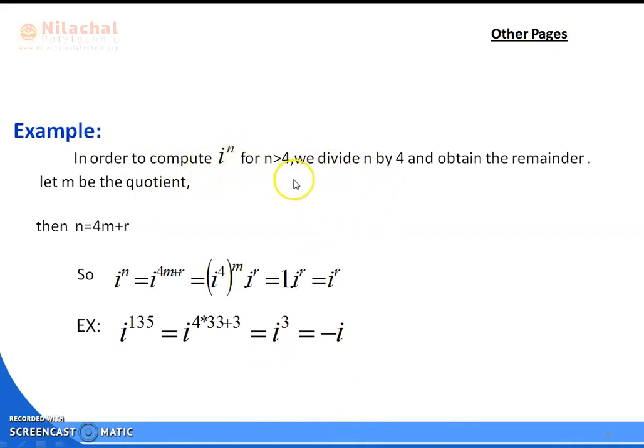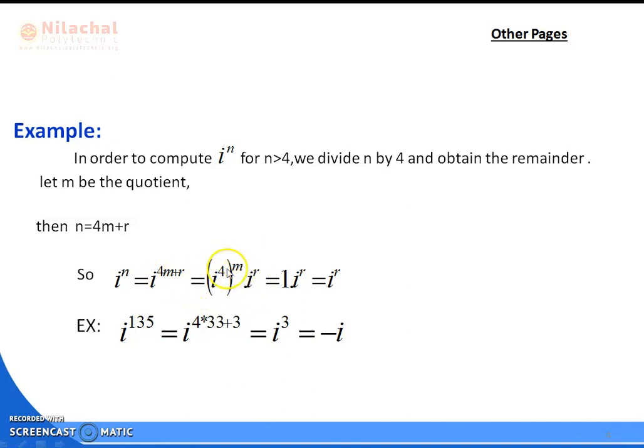So what we have to do, we divide n by 4, means this power we have to divide by 4 and obtain the remainder. Let m be the quotient, and we know the division algorithm, so n equals 4m plus r, because divided by 4, m is your quotient and r is your remainder. So i to the power n can be written as i to the power 4m plus r. That can be written also i to the power 4m into i to the power r.